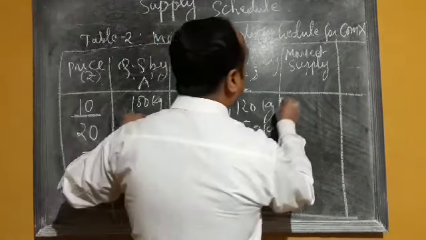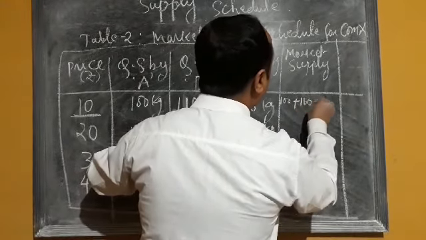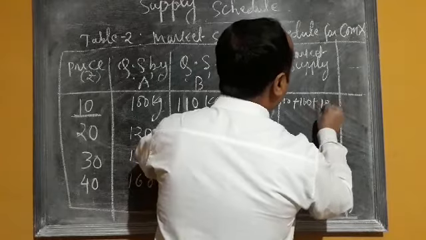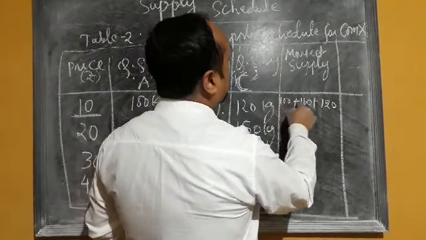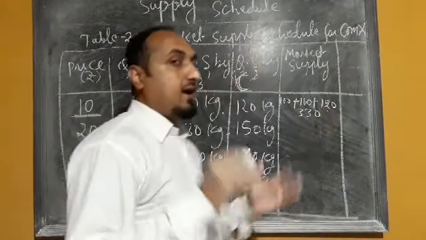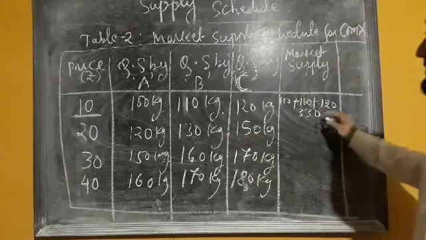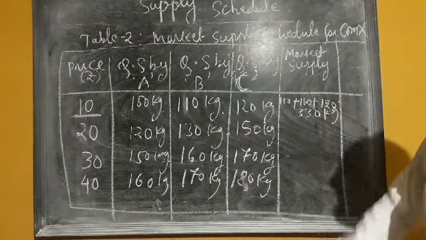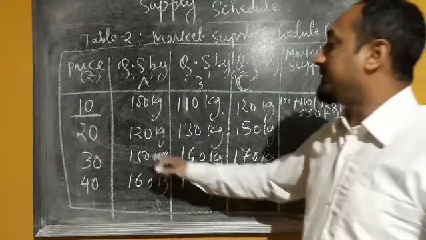So 100 plus 110 plus 120, how much will it come? 330. That means at rupees 10 the quantity supplied in the market is 330 kg.